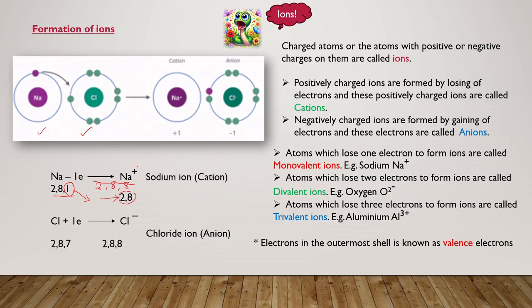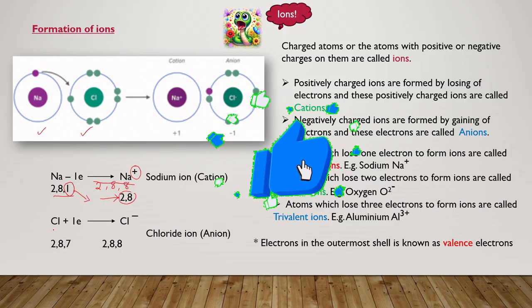Here you can see I have put a plus sign. This plus sign indicates that sodium has lost one electron. Okay, hope it is clear. So 2, 8, 1 was the electronic configuration of sodium. It lost one electron and became stable by attaining the state of 2, 8.